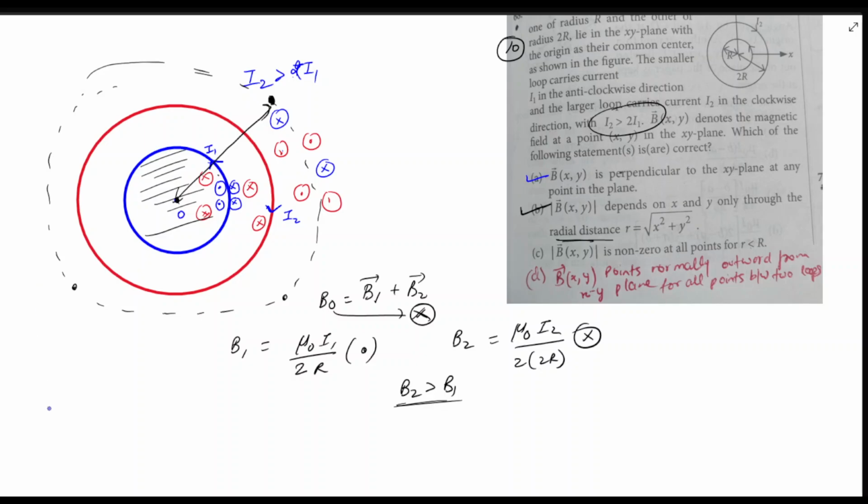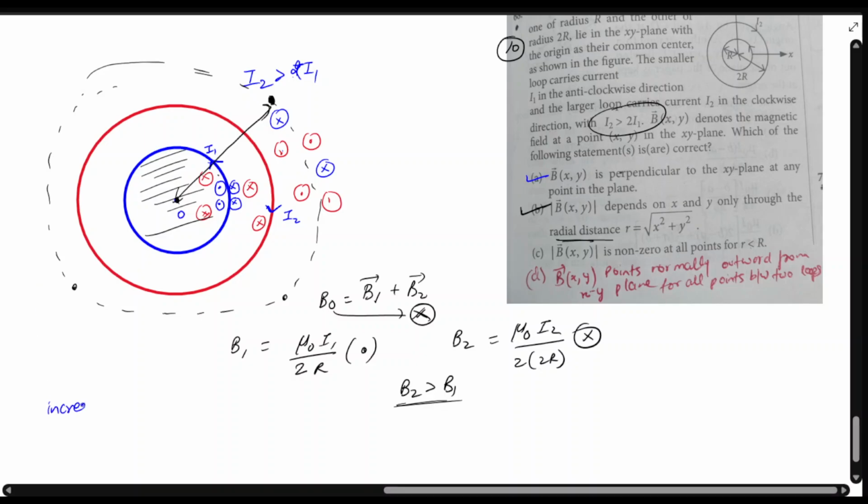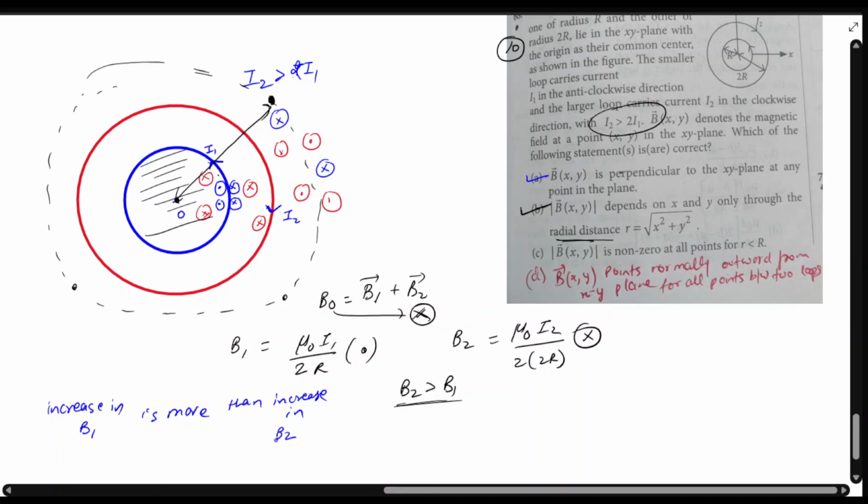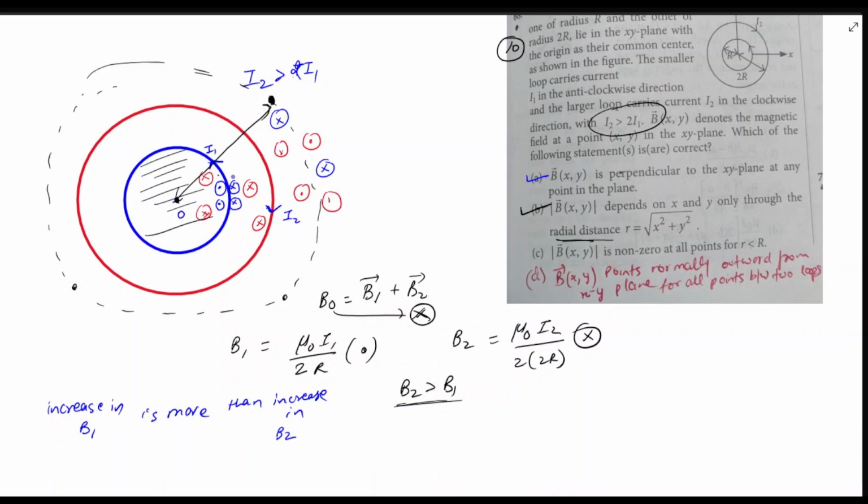So as I can say, increase in B1 is more than increase in B2. Okay, are you getting me? So this B1 is the magnetic field due to the first, smaller circle, and B2 is due to the bigger circle, right?